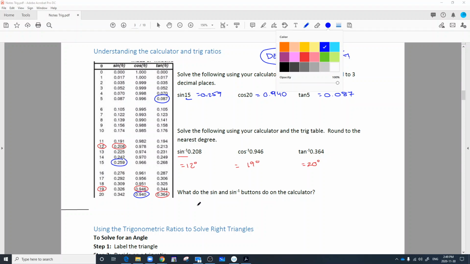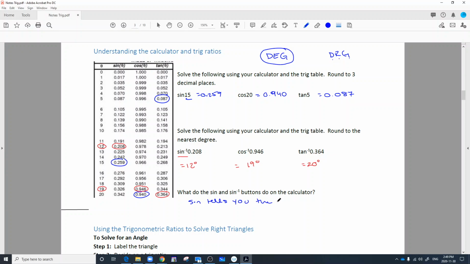So what do the buttons do in your calculator? The sine button gives you the ratio for that angle that you've typed in. So the sine button tells you the ratio of opposite to hypotenuse, whereas the inverse sine button tells you the angle that gives you the ratio of opposite to hypotenuse.